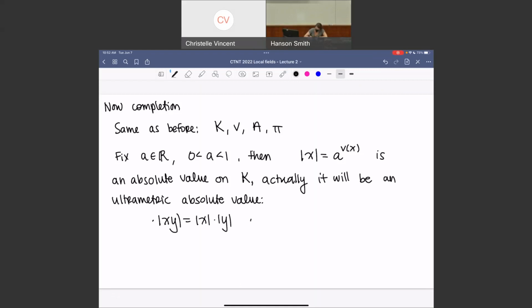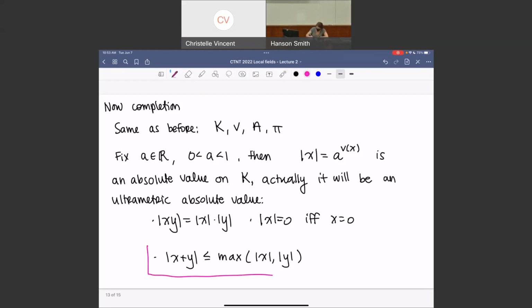That's your usual stuff. The absolute value of x is 0 if and only if x is equal to 0. But the ultrametric part is that the absolute value of x plus y is less than or equal to the max of the absolute value of x and the absolute value of y, instead of the usual triangle inequality.